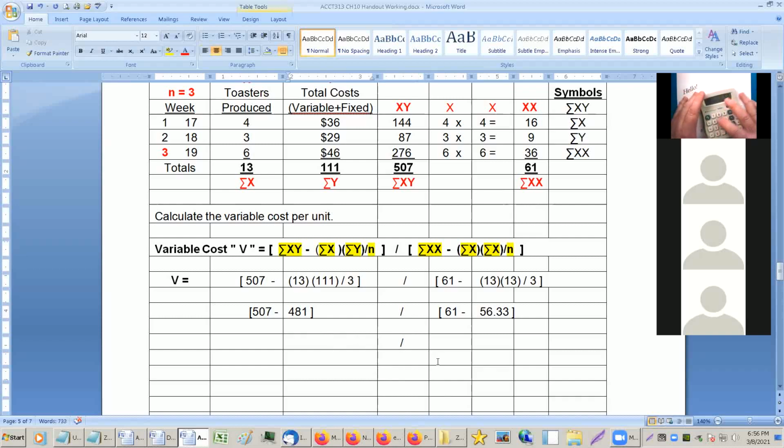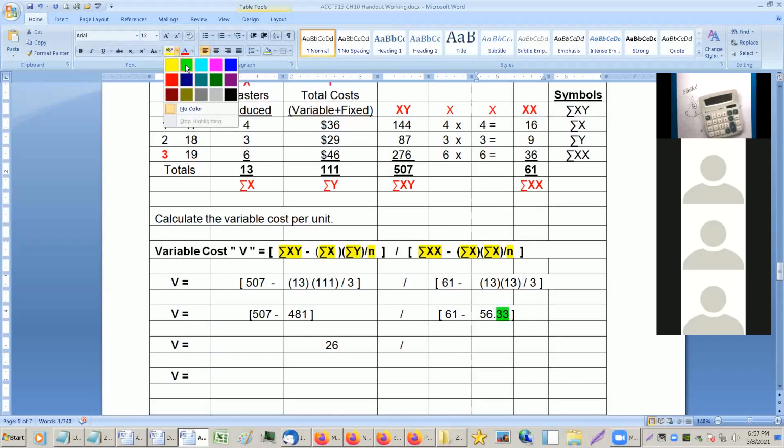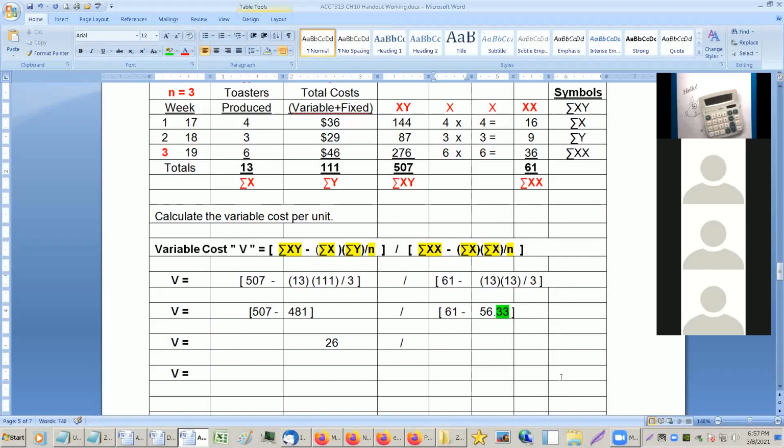Okay, so 507 minus 26. Divided by, and usually if you keep the cents, you're usually okay. So 61 minus 56.33. $4.67.